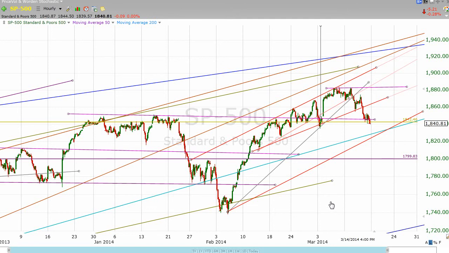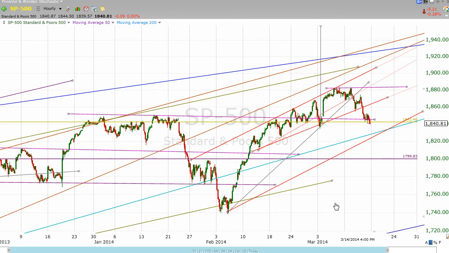I'm saying that because back then there were good and solid technical reasons to believe this market was going to run for a while. Now the market has run for a while, and with what I'm seeing here the past few days, we have to sort of look at this and say, are we starting to see the worm turn? Possibly, or are we still okay? Are we still going for it?